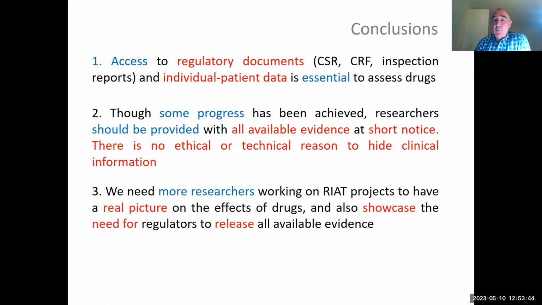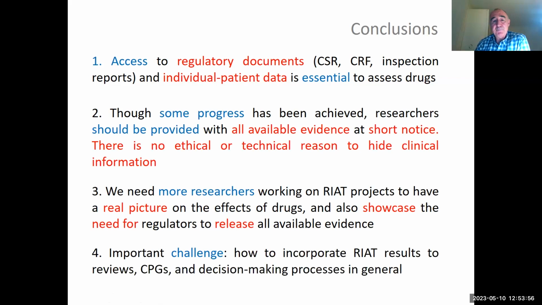We need more researchers working on RIAD projects to have a real picture of the effects of drugs, and also to showcase the need for regulators to release all available evidence. And we also have an important challenge: how to incorporate these results into reviews, clinical practice guidelines, and decision-making processes in general.